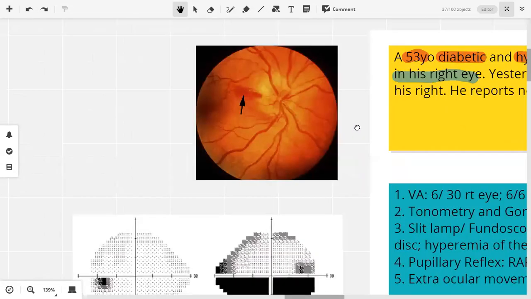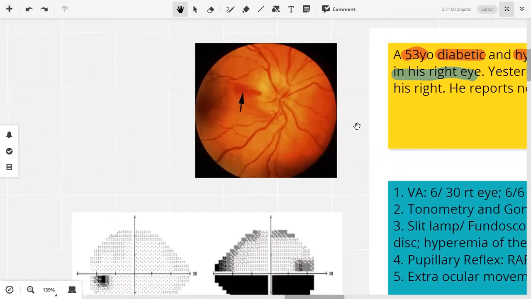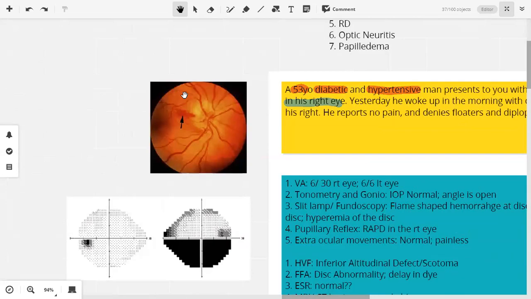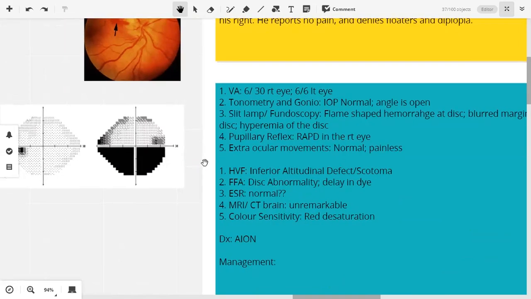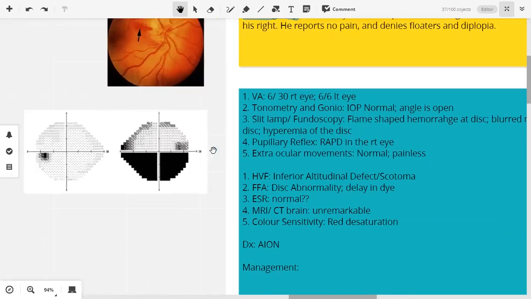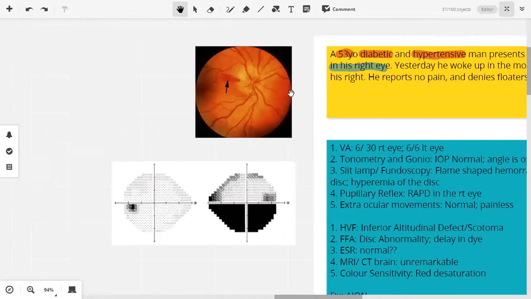But there are certain features which differentiate it from papillitis. The first thing is that the MRI or CT was normal. The ESR was normal. ESR is usually raised in inflammations and infections, right? So if it's normal, it's unlikely that this person has an inflammatory papillitis.